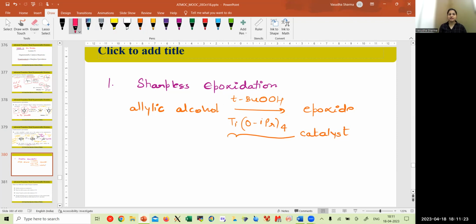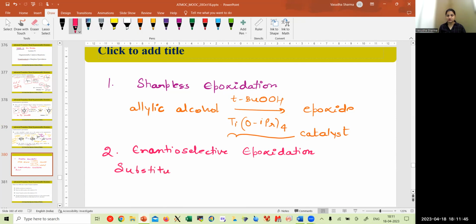Right. The second thing that we saw right now was again an enantiomer selective epoxidation of the substituted alkenes or arenes in the presence of an oxidant, which is nothing but your PhIO.